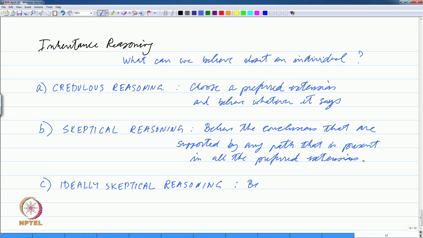Believe the conclusions that are supported in all preferred extensions.